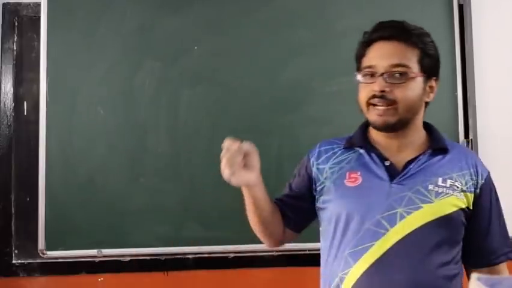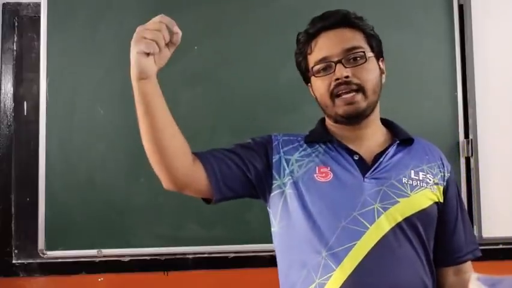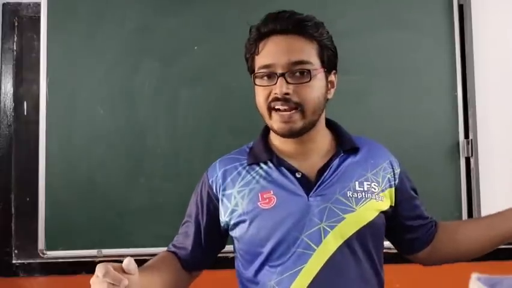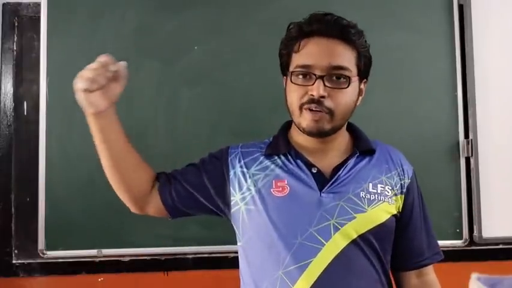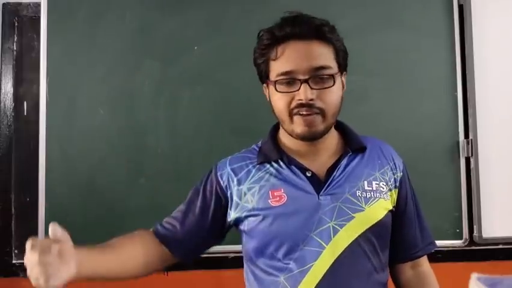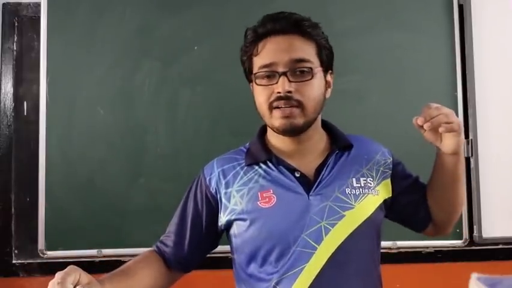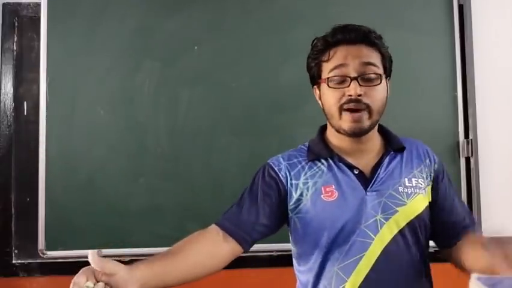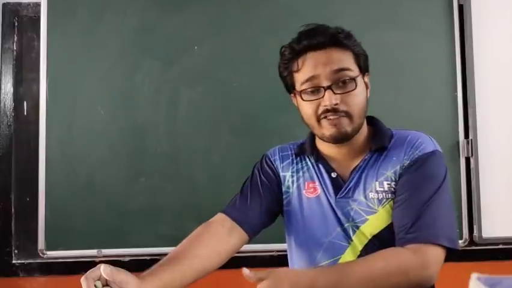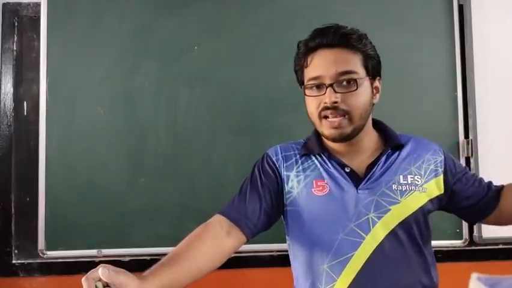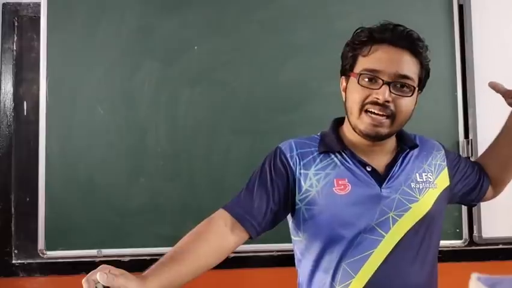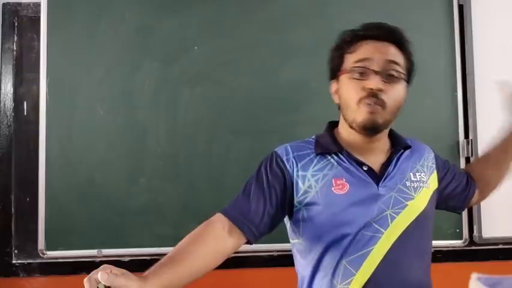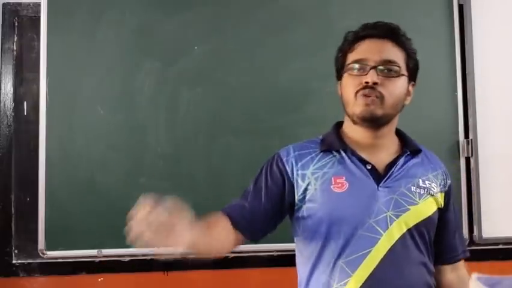Okay, so you have studied that metallic character is most on the left hand side, least on the right hand side. So metallic character will be more on the left hand side, so ionization potential will be less on the left hand side. Similarly, metallic character is least on the right hand side, so ionization potential will be more on the right hand side.